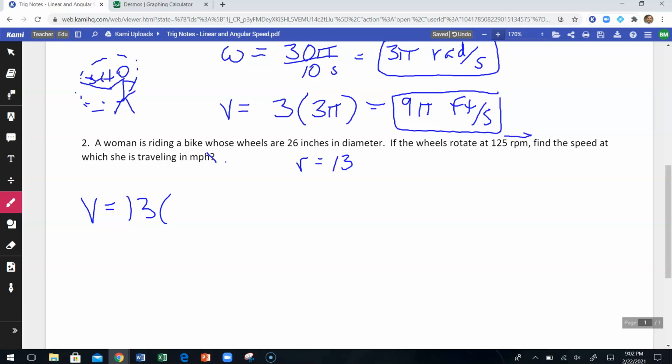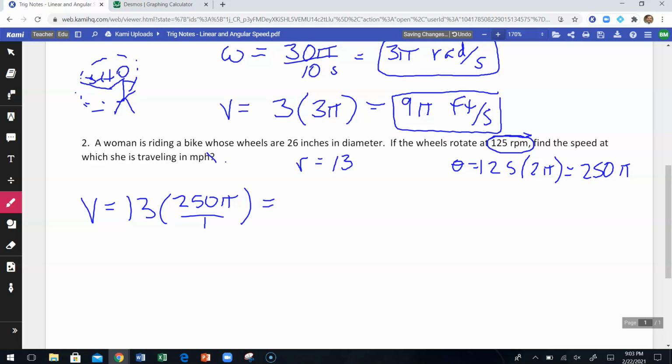Well, we go 125 revolutions per minute. So 125 revolutions means that our angle is 125 times 2 pi, which is 250 pi. That is the angle that we traverse, divided by the time element, which it's revolutions per minute, so that's in 1 minute.